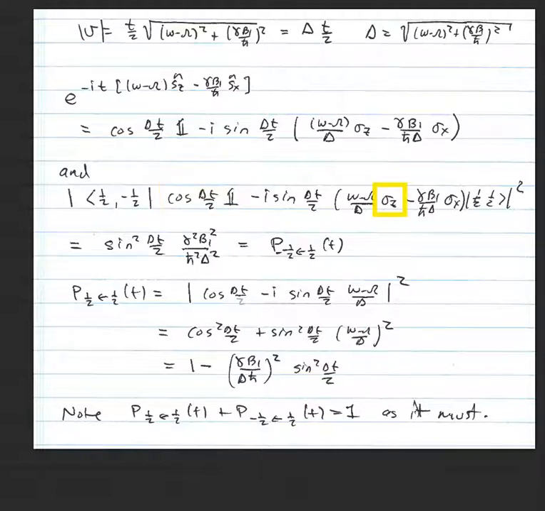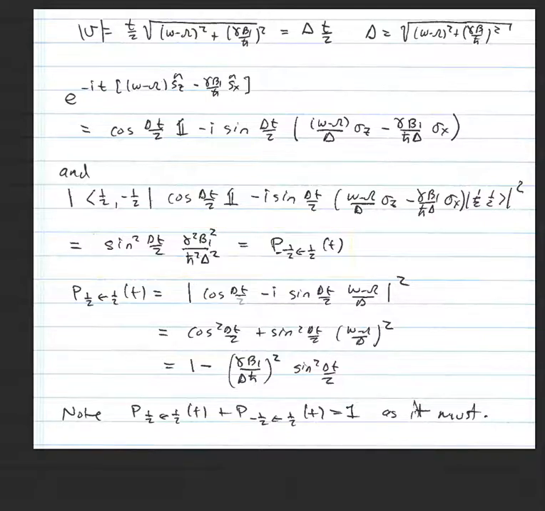The sigma z also has no overlap. The only term that's going to give me an overlap is the sigma x, and I can read off what the coefficient is. It's sine (delta t over 2) times gamma b1 over (h bar delta). I have to square that, so I get sine squared (delta t over 2) times gamma squared b1 squared over (h bar squared delta squared). That's the probability of going from plus 1/2 to minus 1/2 as a function of time.